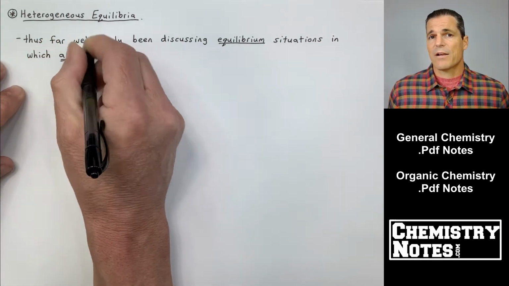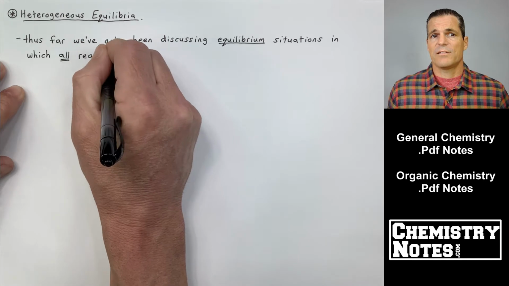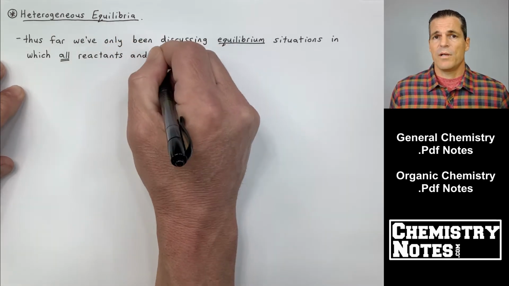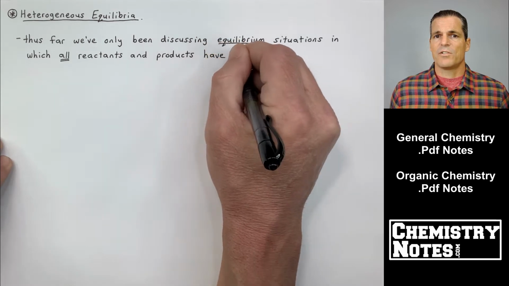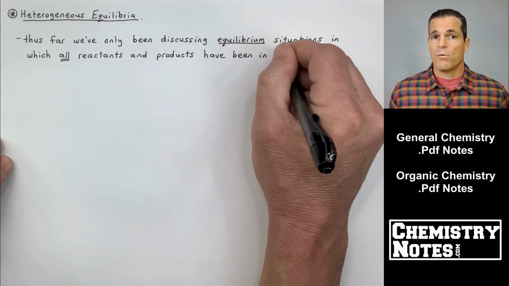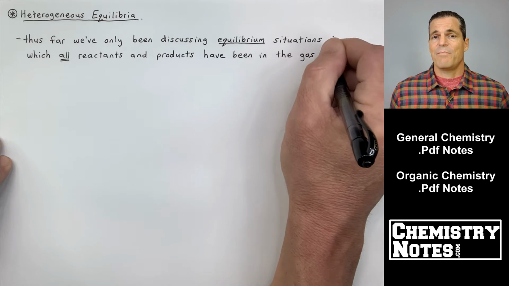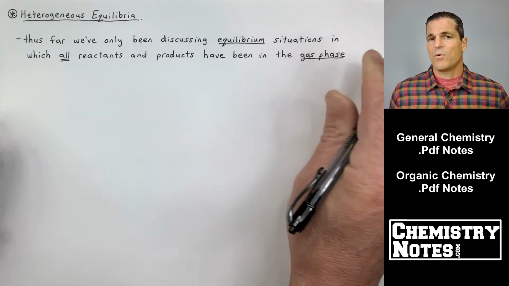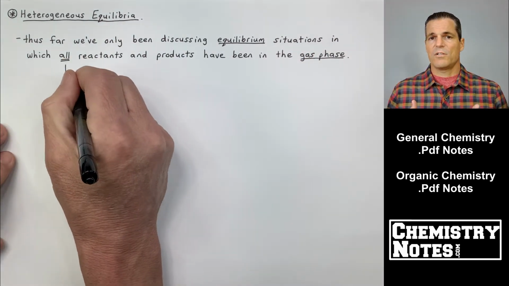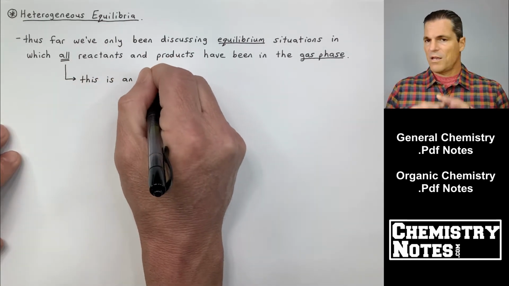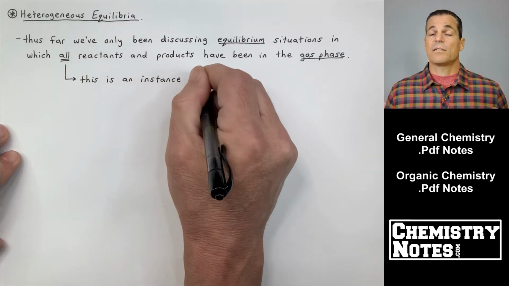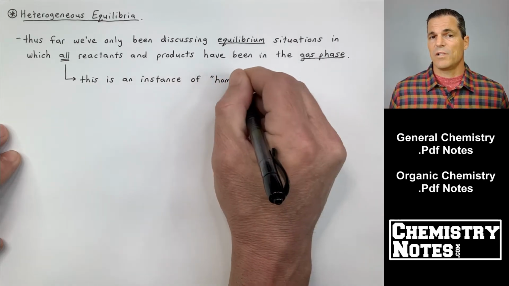So some background first before we get started. It says heterogeneous equilibria. Thus far, we've only been discussing equilibrium situations in which all reactants and products have been in the gas phase. So we've had section 13 video number 1, and we've had section 13 video number 2 already. Everybody was in the gas phase. That's an example of homogeneous equilibria.